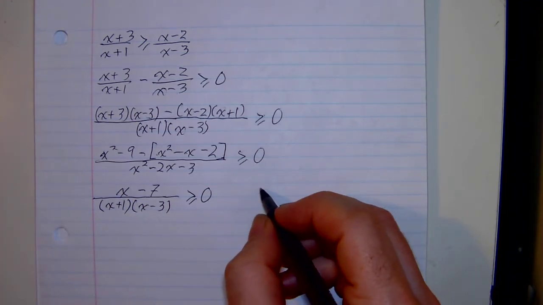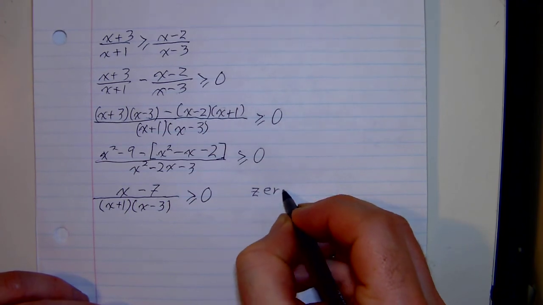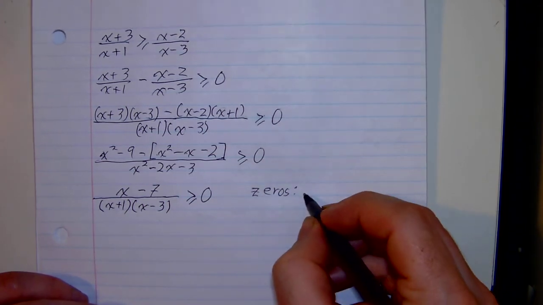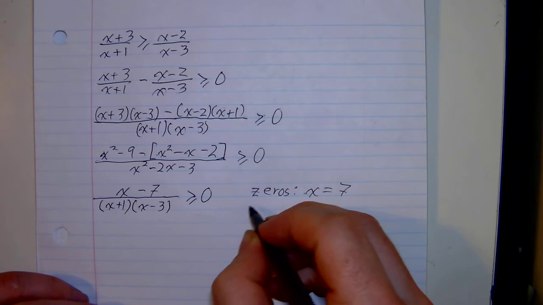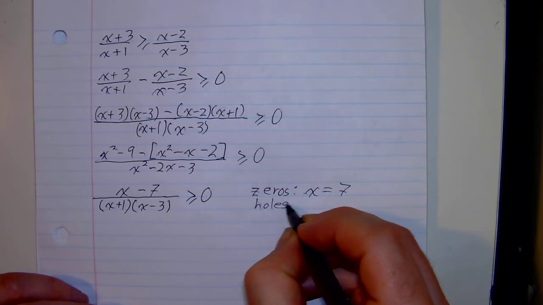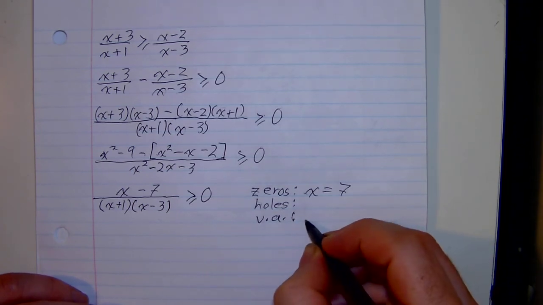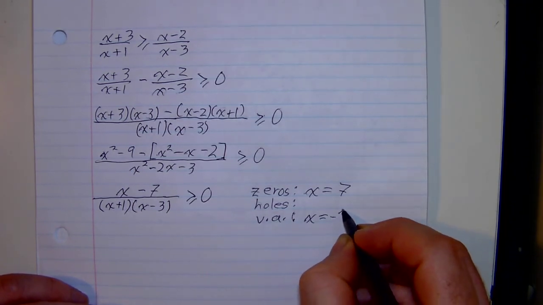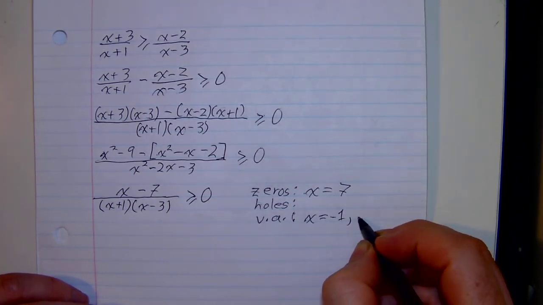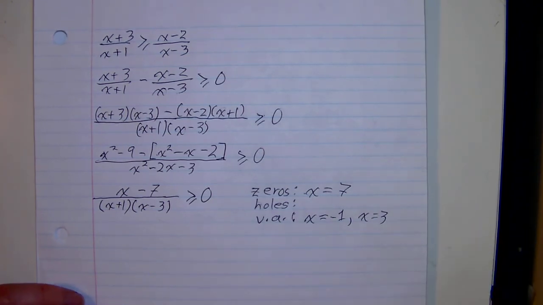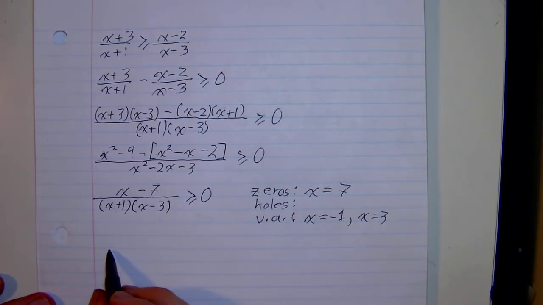So we can see very quickly here that our zero is at x equals 7. There are no holes. For vertical asymptotes, we have one at negative 1 and also a vertical asymptote at x equals 3. Okay.